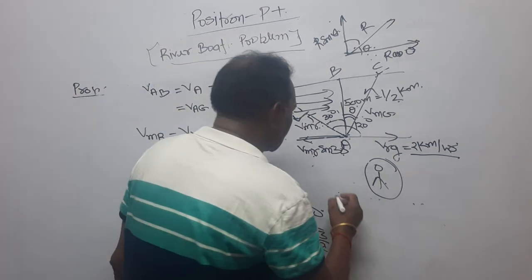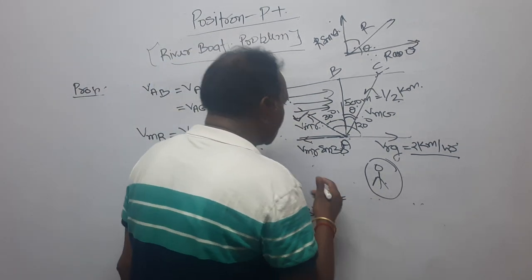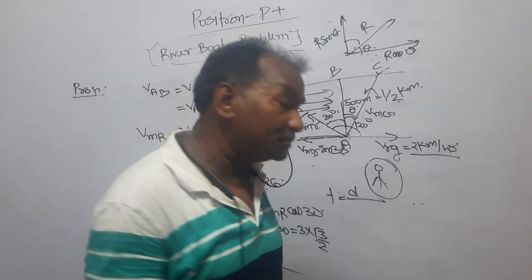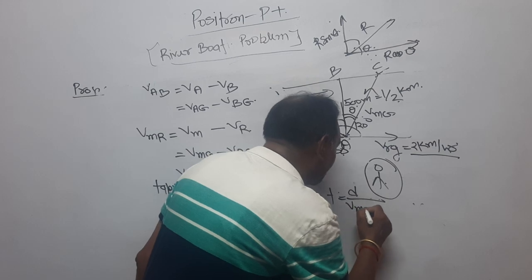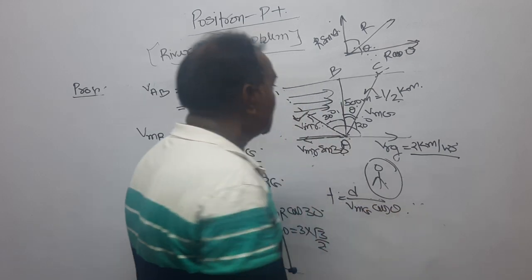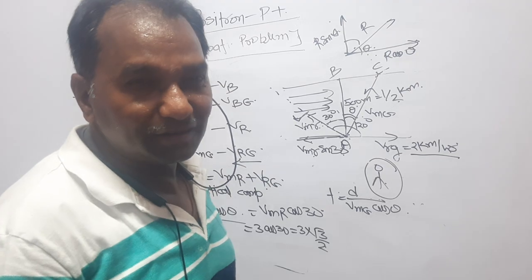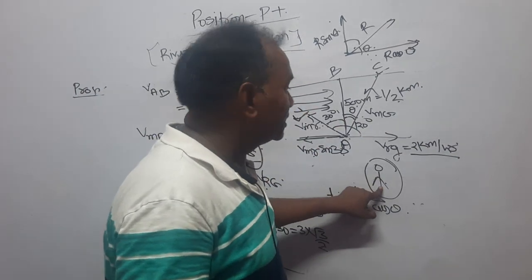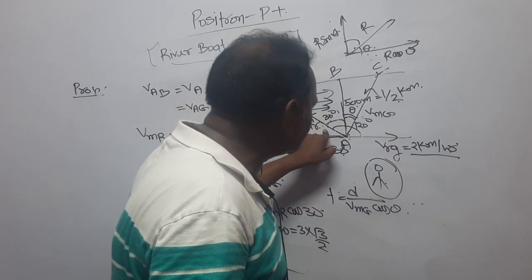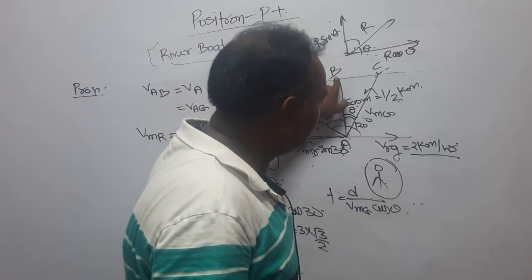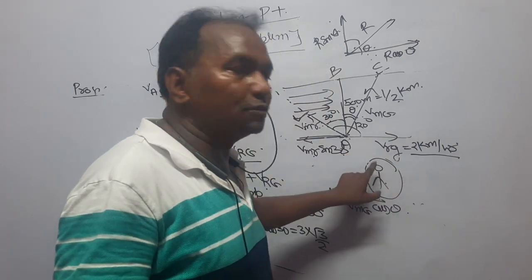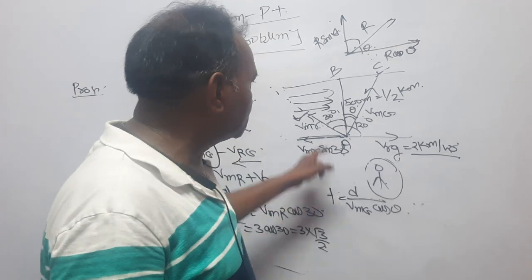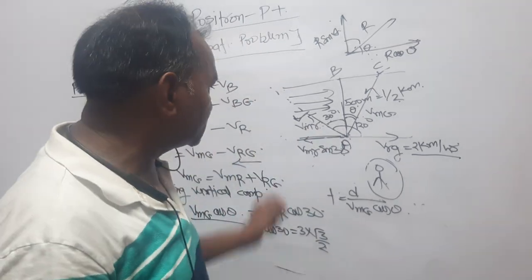So, time taken in traveling is distance upon velocity of man with respect to ground, VMG. That means how much time the man has taken with respect to ground, as observed by an observer sitting here, in crossing the river.